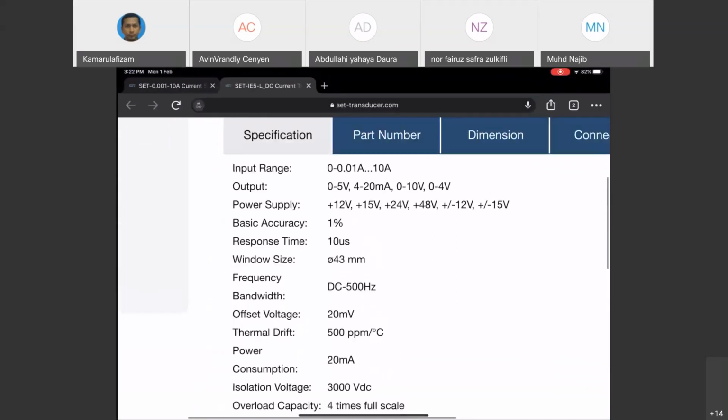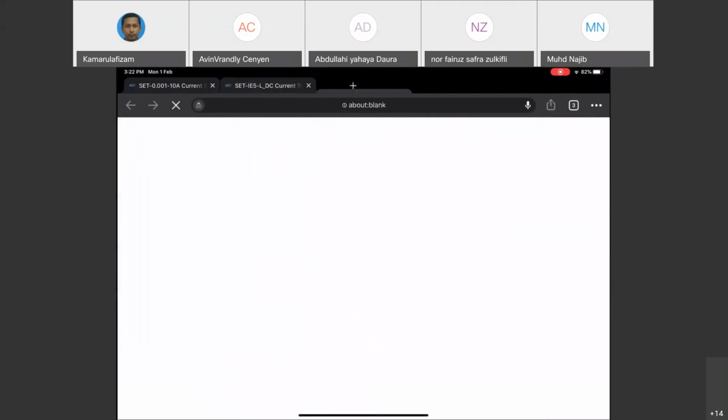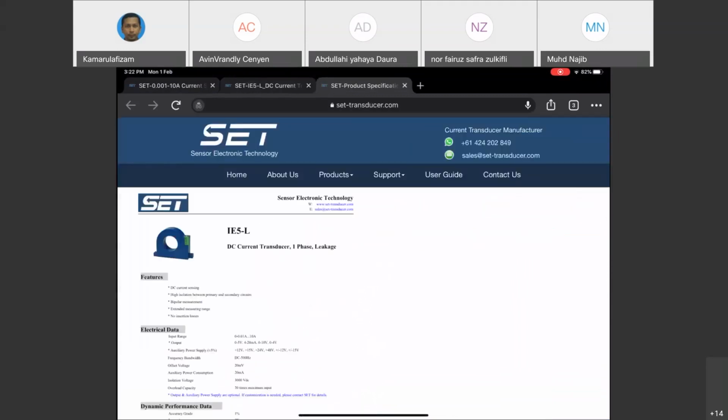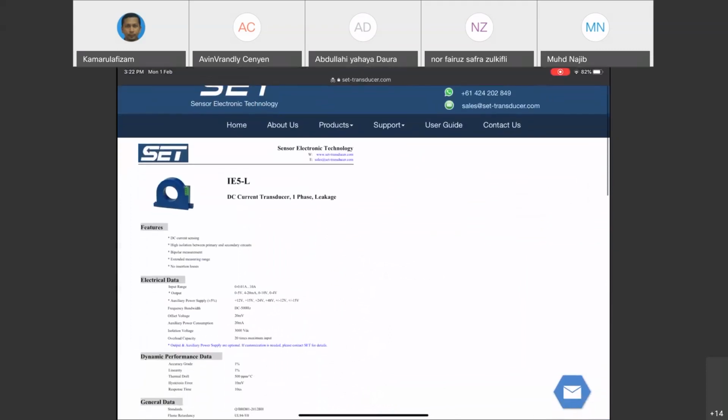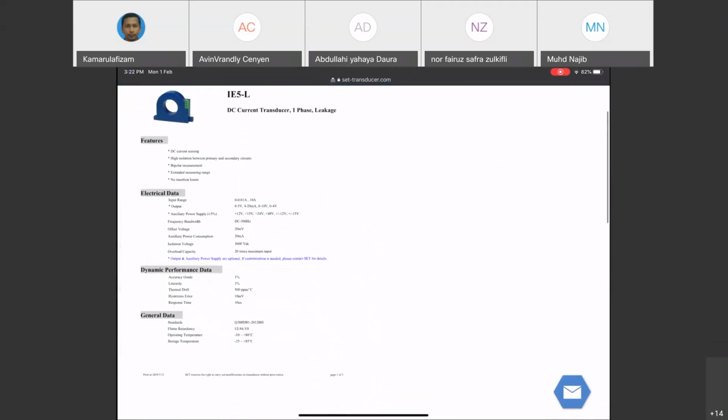Okay, I think I just need some data sheet. Now we are looking at data sheet. Okay, meaning that the full scale accuracy 1%, linearity 1%, so that's all right.